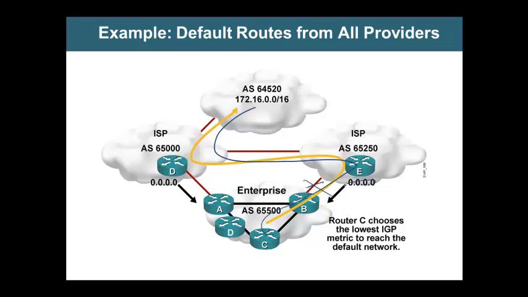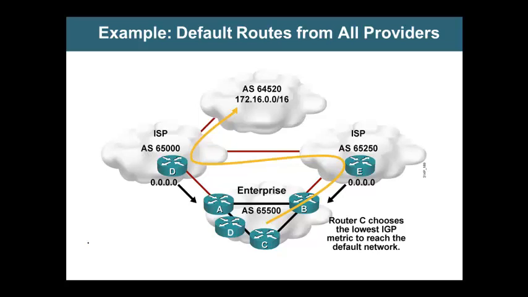Do you agree? So this is one style of using the multi-homed path: when an enterprise has multi-homing and the ISPs provide default routes only, using the IGP metric. What is the IGP metric?